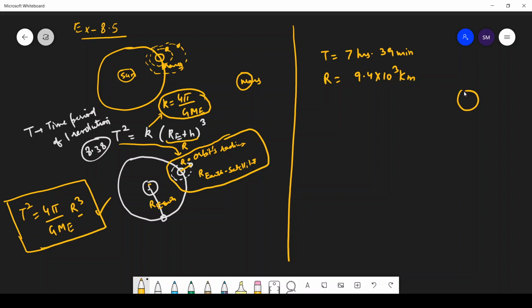So this is your Mars, and this is Phobos, which is one of the satellites of Mars. So the distance between the center of Mars and the center of Phobos, this distance is your r, the orbital radius, from the center of Mars to the center of Phobos, and this is the time period of one revolution.